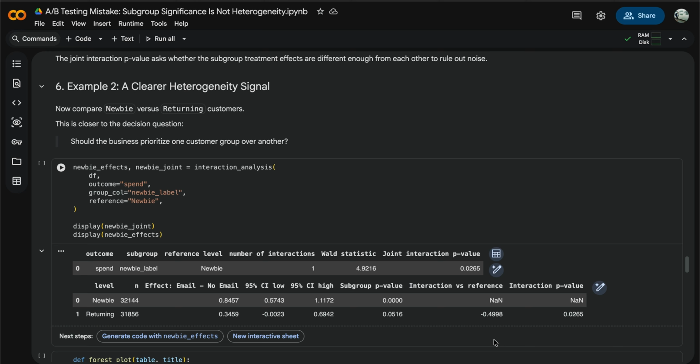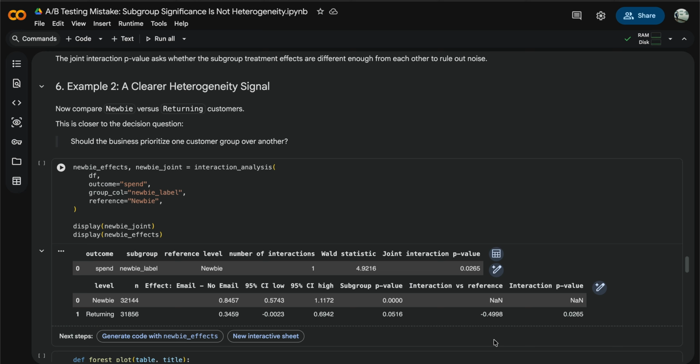The conclusion is not simple. Although the p-value is below 0.05, that does not mean we should automatically personalize. This is not a very good conclusion for the stakeholder. A better conclusion is: newbies appear to have a larger incremental spend response to email, so they may be a higher priority audience.